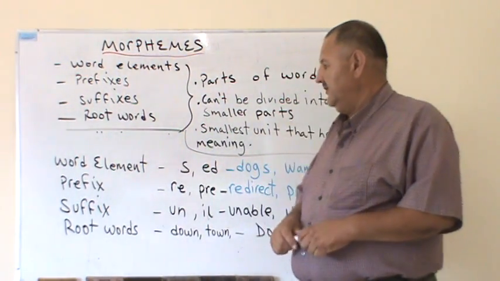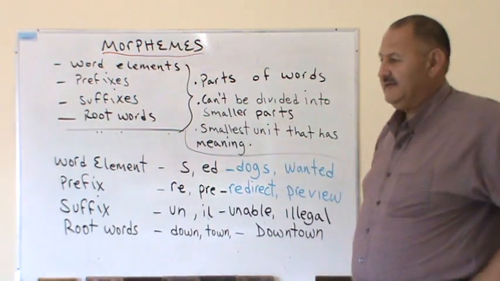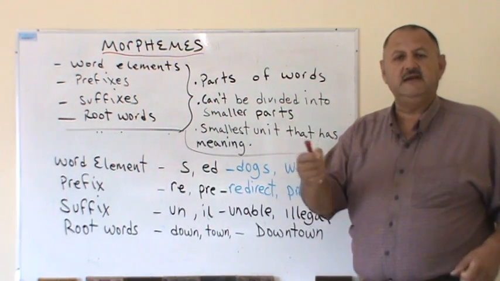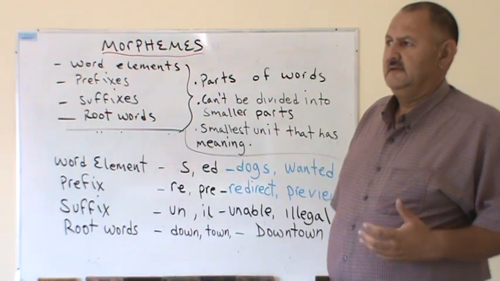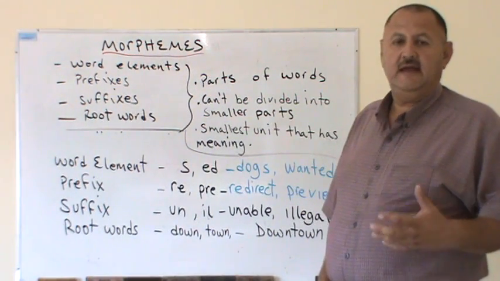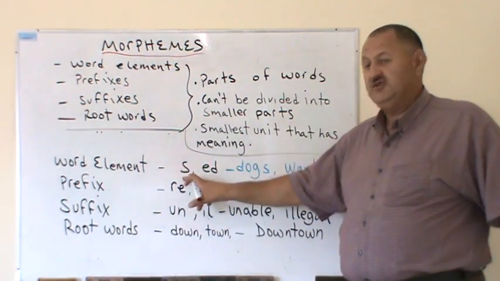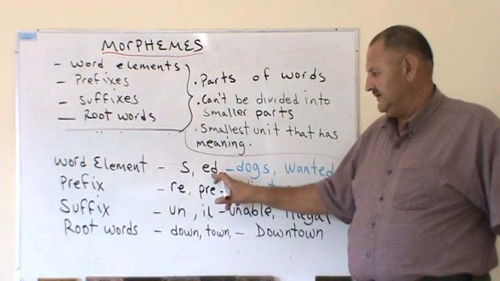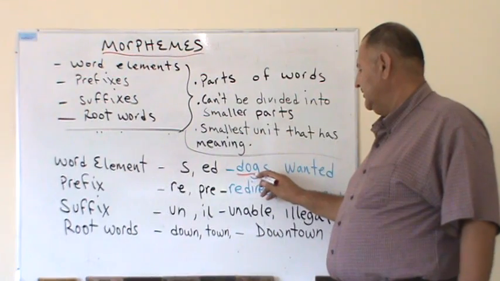Now, here are some examples. Word elements, as when we make plurals, we add an S or an ES, or they indicate, for example, the past as an ED. These are just examples, like S and ED. For example, we have dog.